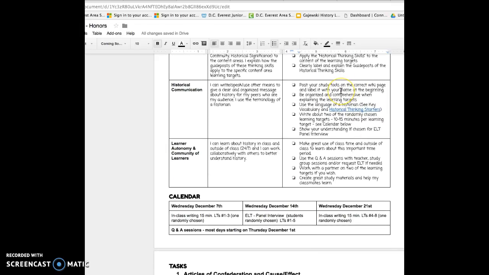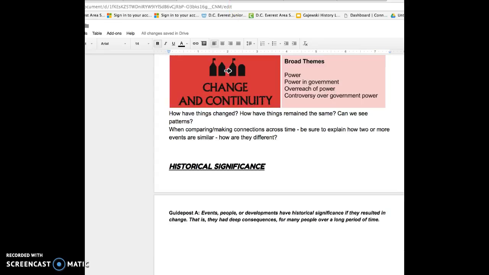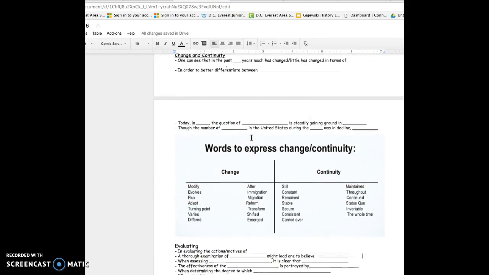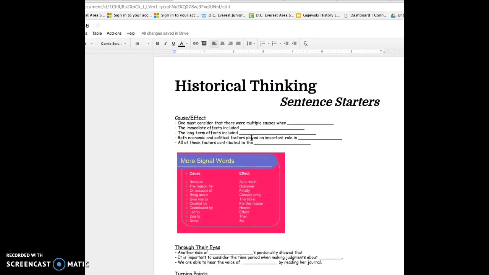And then communicating history. You're going to be putting your information on the correct Wiki page, labeling it. I'll talk about that more. You're going to be organized, making sure you're explaining the learning targets. You're going to use the language of a historian. And one of the things that we give you to help with that are some historical thinking phrases.